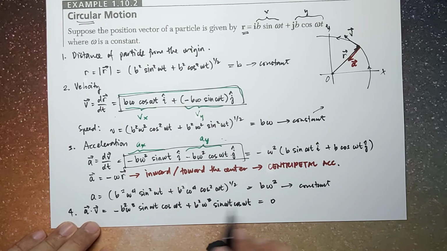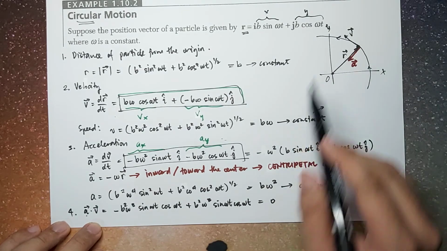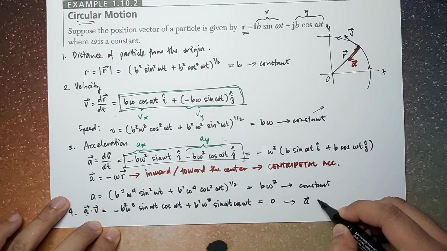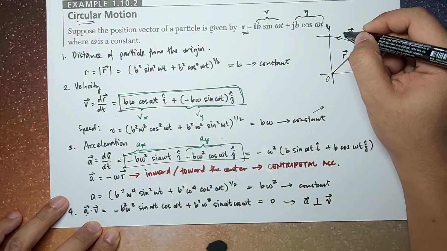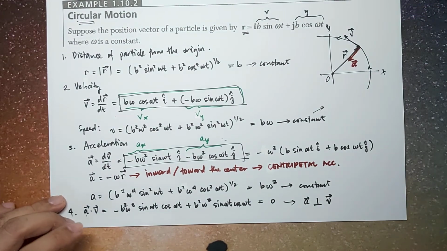So this verifies that if the dot product of a and v is 0, then a must be perpendicular to v, which is what we assumed earlier.